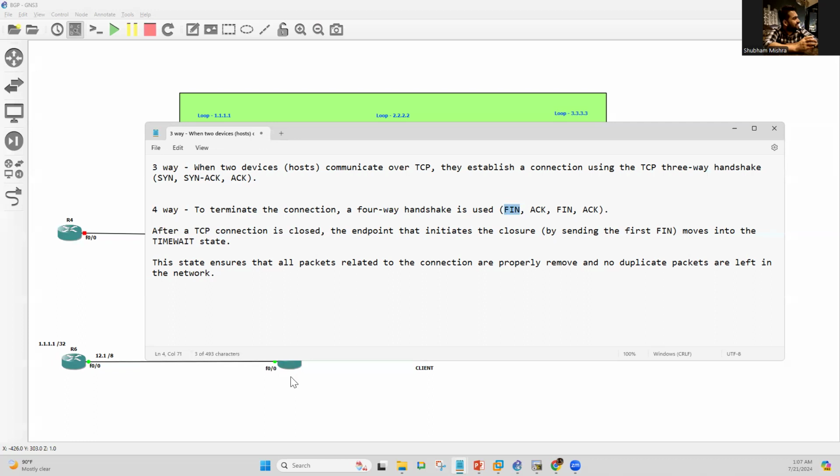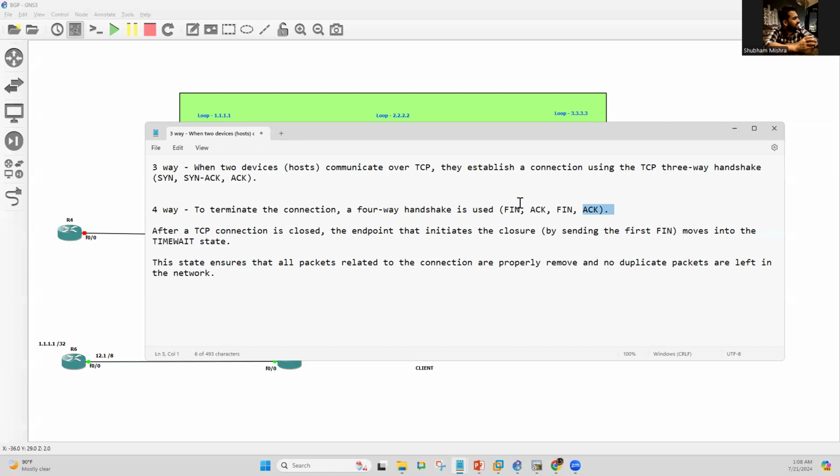R2 received the TCP packet with the FIN bit on, and by this acknowledgement R2 is accepting R1's FIN. Now when this packet reaches R1, again R1 sends a FIN, and again R2 sends an acknowledgement. Getting my point? This is called the four-way handshake because a total of four TCP packets are exchanged between R1 and R2.